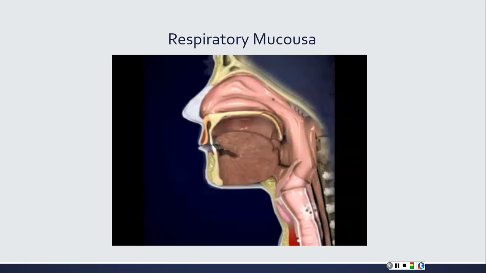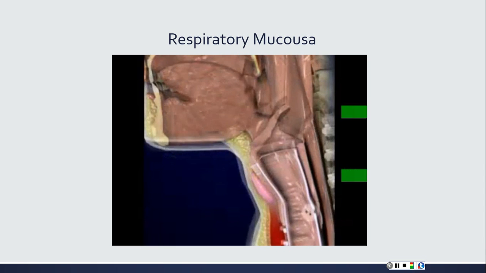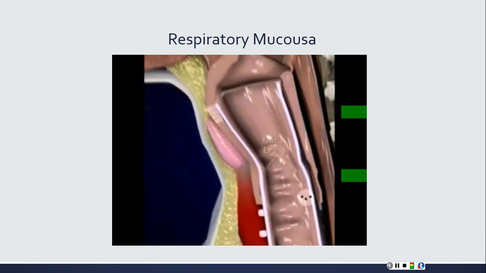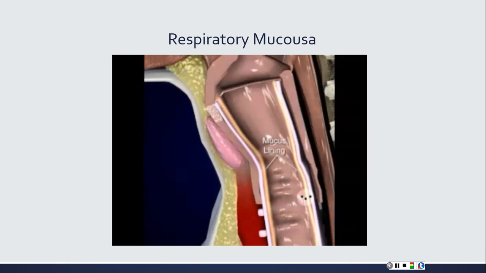Once air enters the nasal passage, it passes over the highly specialized respiratory mucosa. Almost the entire lining of the respiratory tract is lined with mucous membrane that is composed of ciliated pseudostratified epithelium. The respiratory mucosa is rich in goblet cells that produce mucus.